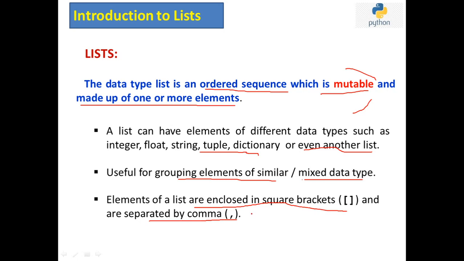Now tell me in what situations you think that a list is useful. Let us think about a situation where we want to keep similar types of elements like marks of students, names of students, date of birth of students, address of students, phone number of students.